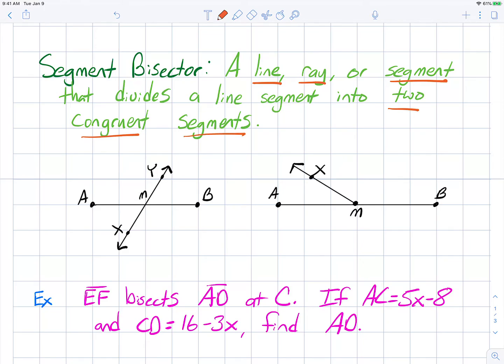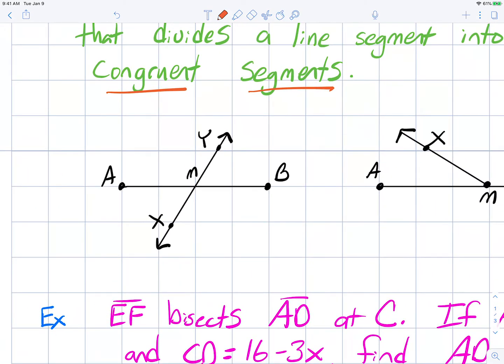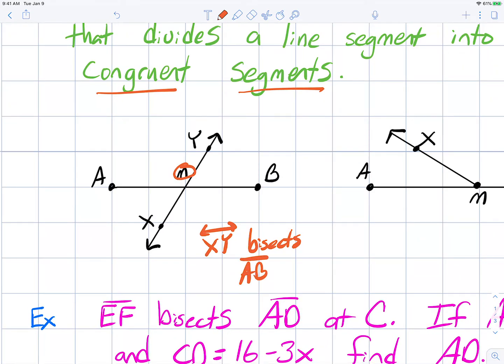Now, one of the notations that you're going to see is if M is the midpoint because line XY bisects segment AB, then we can say that AM is the same as MB. The notation you're going to see is that you put one little dash through each of those.